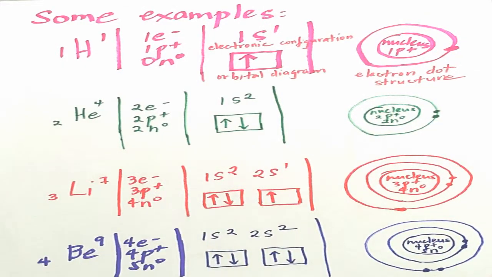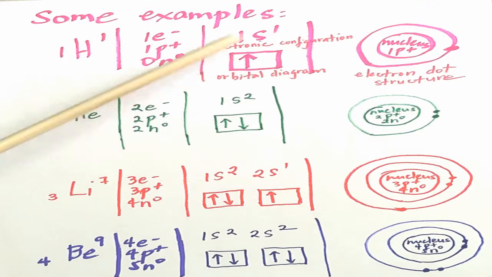Now let us look at some examples. If we look at hydrogen, 1H1, that means hydrogen has 1 electron. So its electronic configuration will be 1s1. And if we were to do an orbital diagram, it would be this upward arrow for the electron.